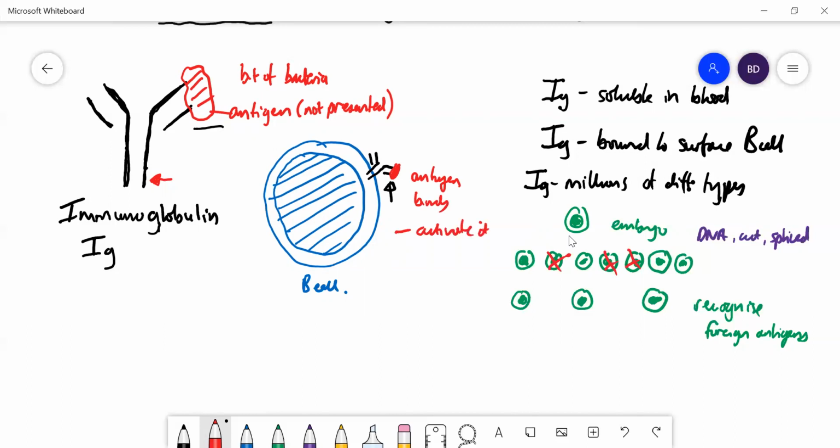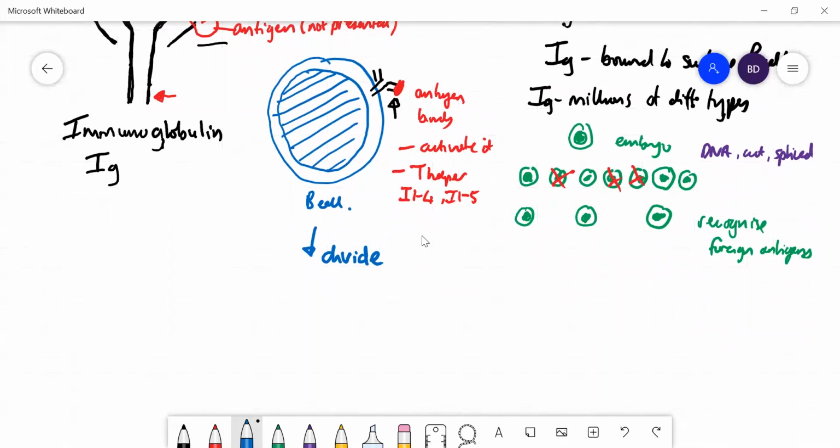In order for this B cell to be fully activated, it needs T helper cells to produce interleukin 4 and interleukin 5, and they help the maturation of the B cell. Now, the B cell will start dividing like mad, over and over, so one cell can give rise to millions of other cells.